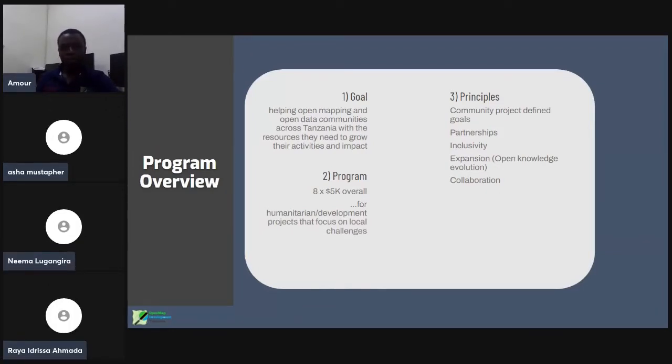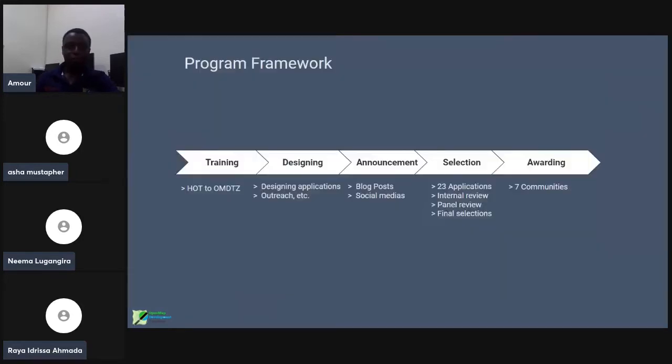And the last principle is collaboration: to have organizations collaborating with other organizations to implement their projects. And this program has a framework, and the framework is categorized into five groups.